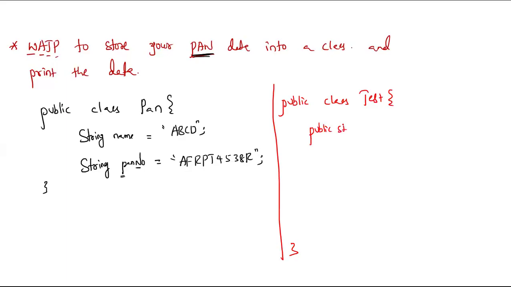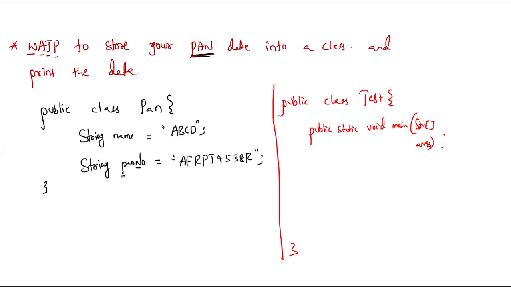So public static void main, and here the proper syntax of String square brackets args, then open curly brace of this main method, followed by close curly brace of this main method.